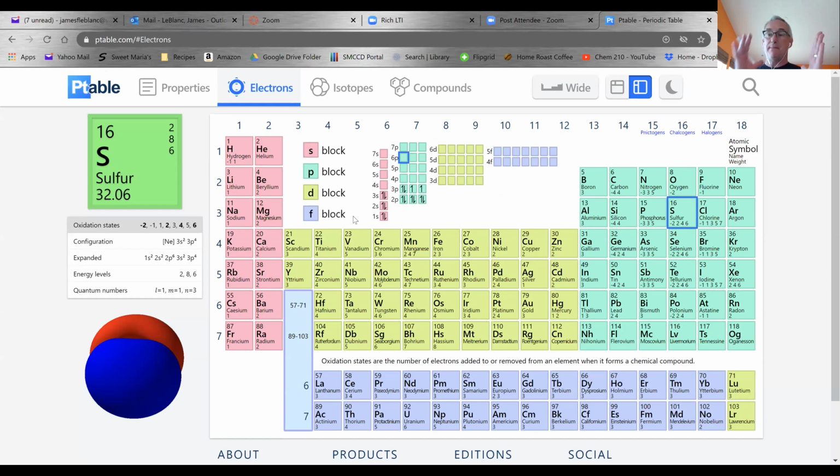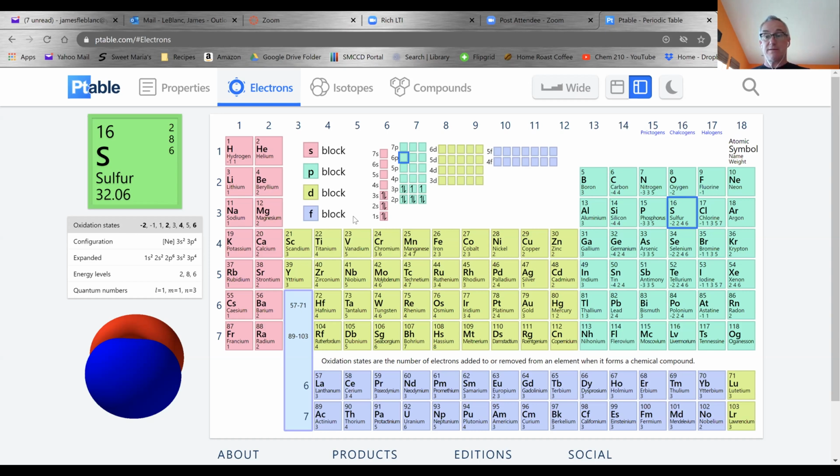But the ones in the middle, the transition metals, they have varying charges, because we'll find out that in the shells where they keep their electrons, they have more places to put them than the other elements do. And so sometimes they arrange them in different ways. And so they can have different charges.